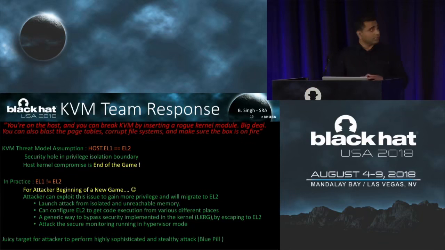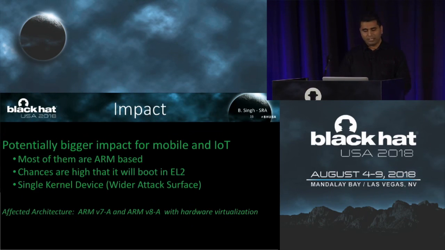So seeing all these points, it seems like it can be a very juicy target for an attacker to perform a very sophisticated and stealthy attack, which will be hard to detect, like Blue Pill on ARM. And this design has a bigger impact on mobile and IoT because most of them run on ARM. The chances are high that they will start in EL2, because if the processor supports that mode, then it starts in EL2.